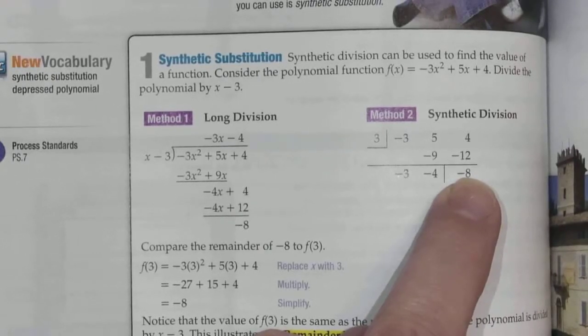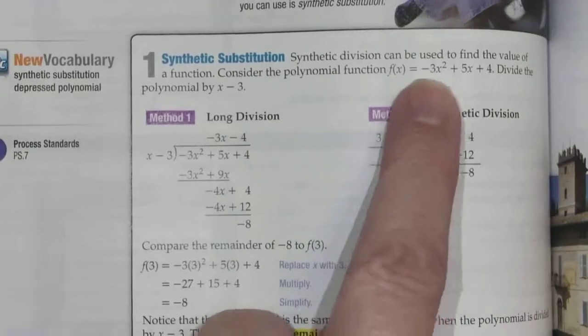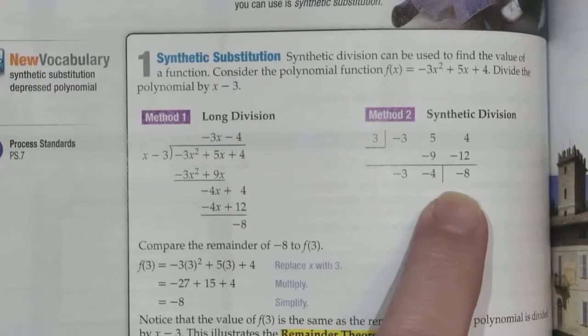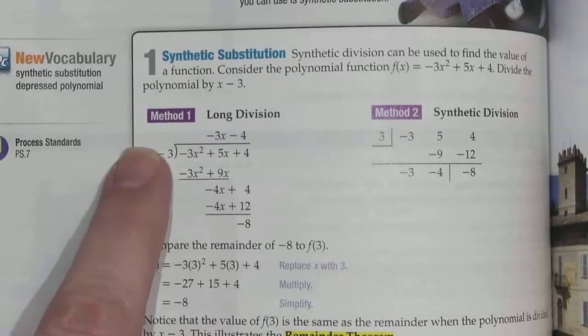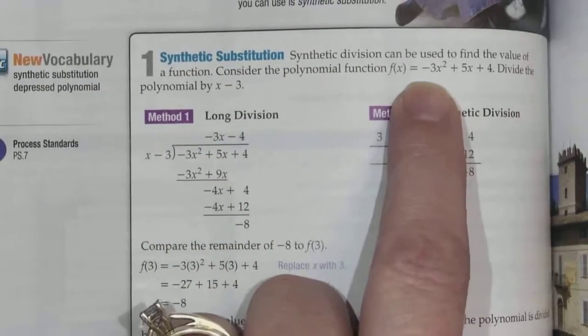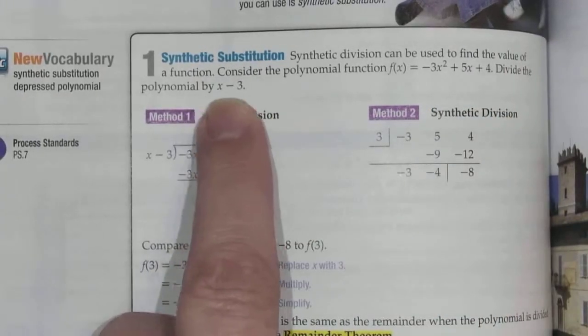I think that is a really cool thing. Instead of plugging 3 into the equation, you can synthetically divide, and whatever your remainder is, that is the y. That's where we're going. So if we took negative 3x squared plus 5x plus 4 and divided by x minus 3.